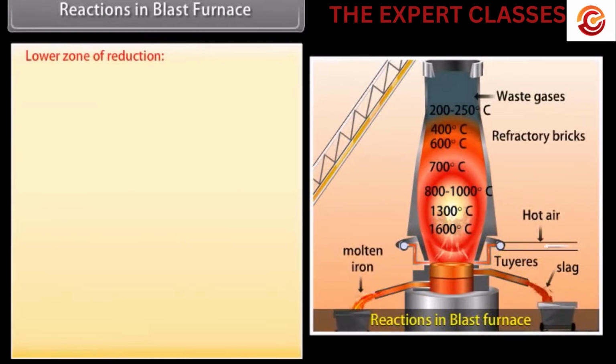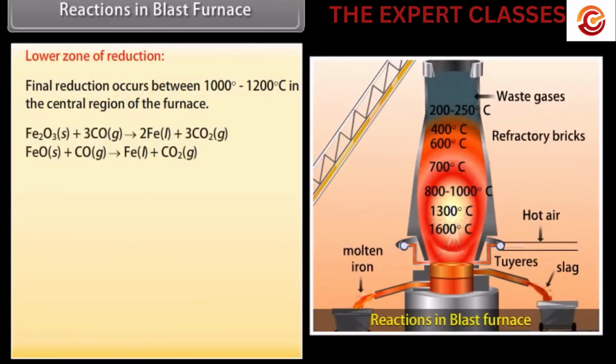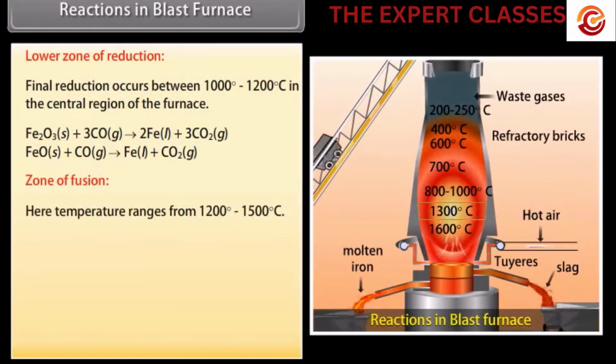Lower zone of reduction. Final reduction occurs between 1000 to 1200 degrees Celsius in the central region of the furnace. Carbon obtained by dissociation of carbon monoxide combines with iron and impurities also get dissolved in molten iron. Zone of fusion. Here, temperature ranges from 1200 to 1500 degrees Celsius.